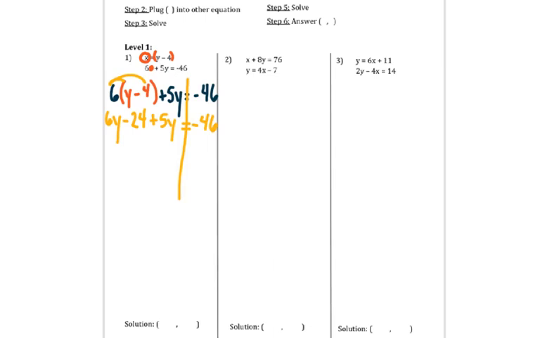Now we need to combine like terms. 6y's plus 5y's is 11y minus 24 equals negative 46. Get y by itself.